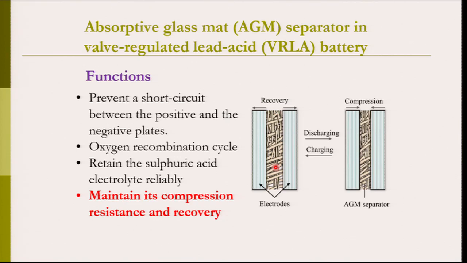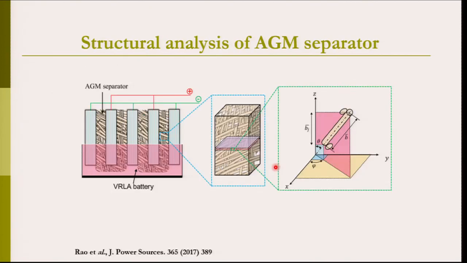So, the AGM separator would not be able to fulfill these functions if it is not able to maintain its compression resistance and recovery characteristics. In this regard, we can discuss the structure analysis of AGM separators first, and then you will be able to see how we have made use of the number of fiber-to-fiber contacts formed in a meso domain to predict certain properties of these materials.